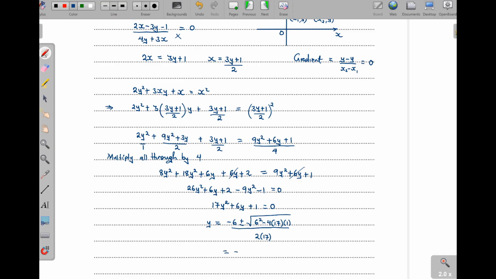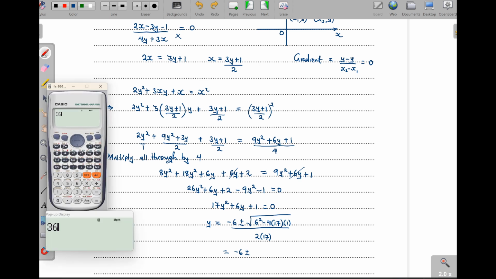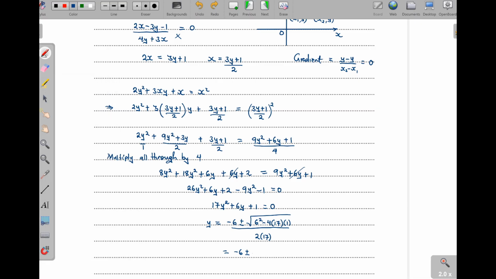Okay, so this will be negative 6, then plus or minus. This will be 36 minus 68. 36 minus 68, you get negative 32. So we have the square root of negative 32, which is out of the 34. So this one here doesn't give us what? The real roots. Okay, so we shall say no real roots or no real values.